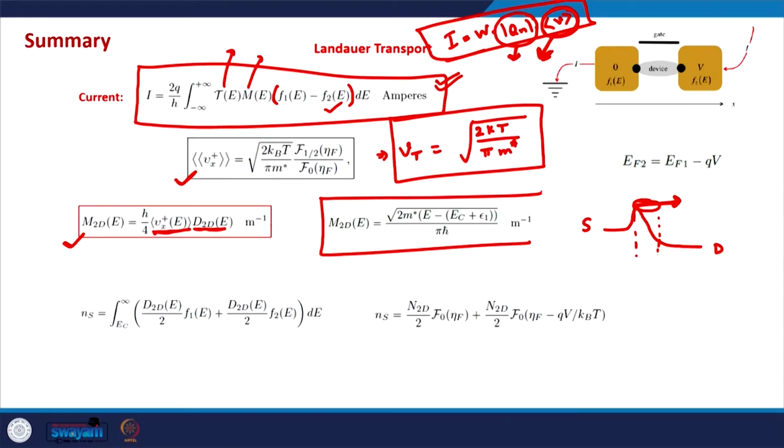So, for a 2D channel, this is the expression for the number of modes if we put the density of states for a 2D channel in the expression.